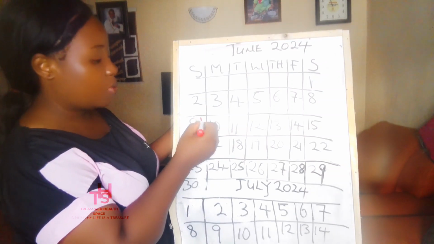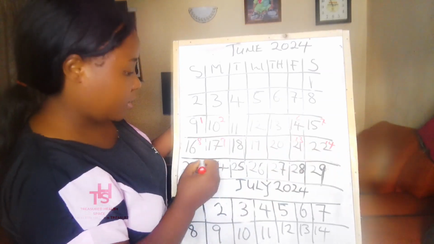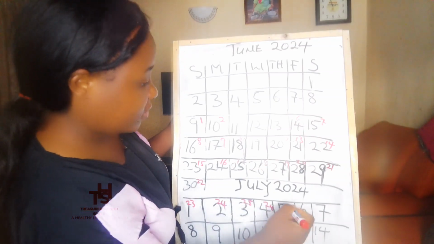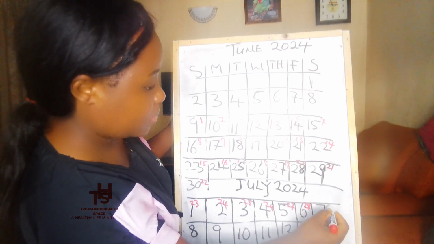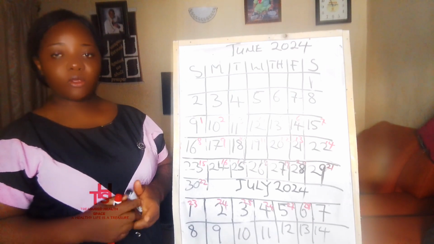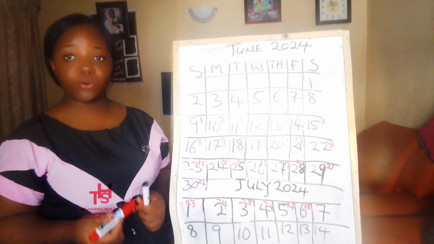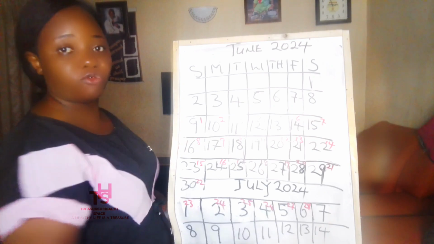All right, 1, 2, 3, 4, 5, 6, 7, 8, 9, 10, 11, 12, 13, 14, 15, 16, 17, 18. So for a 28-day cycle, you should expect your next period on the 7th of July.